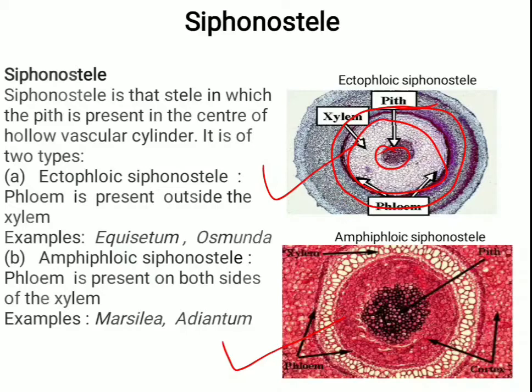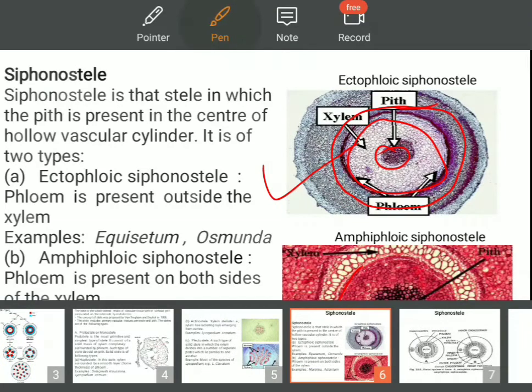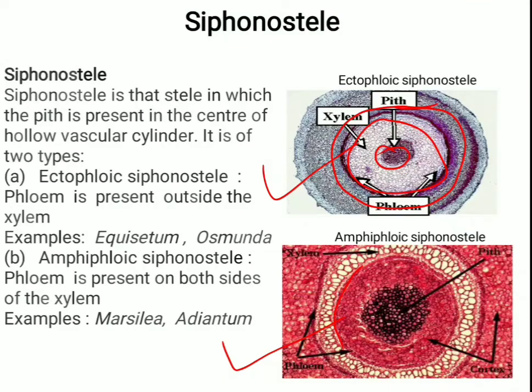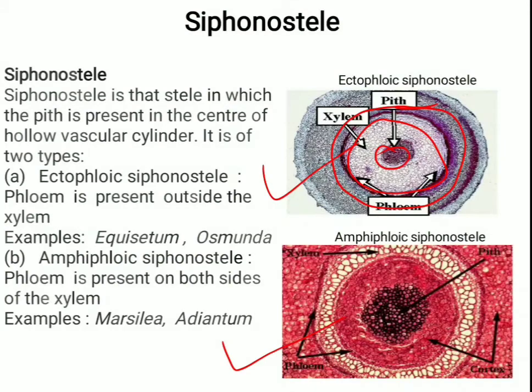You can see this is the xylem structure. This white color cell is the xylem.